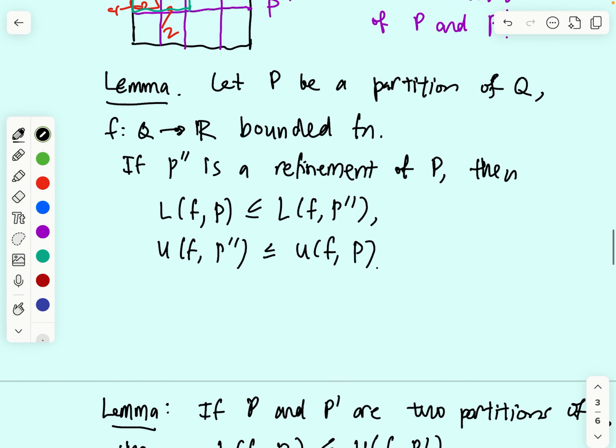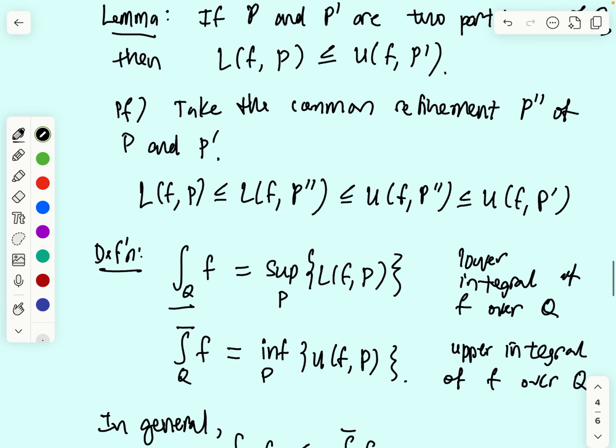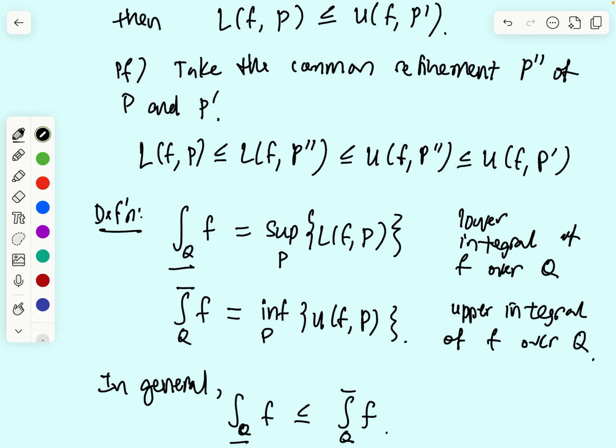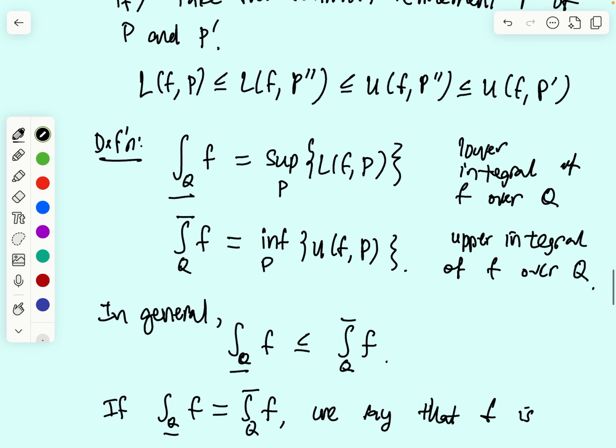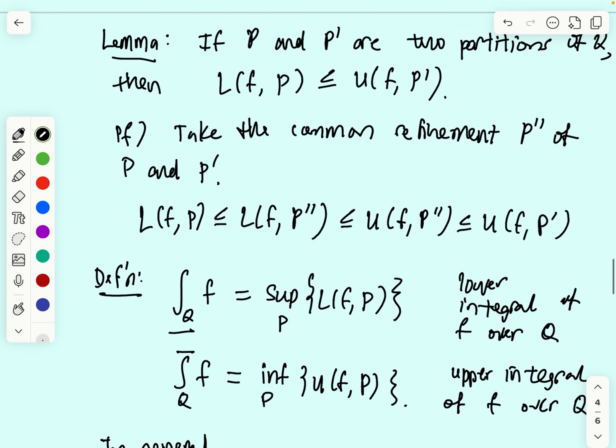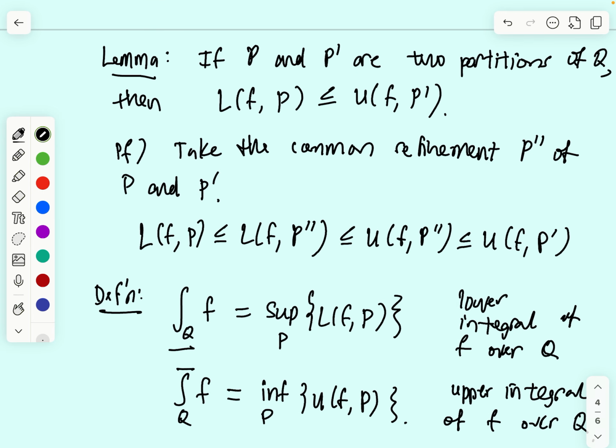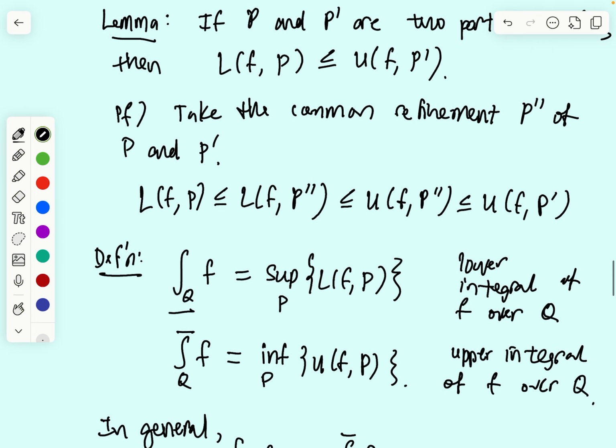Then we talked about common refinements of partitions. We saw that the lower sum is always less than or equal to the upper sum, no matter what your partitions are. If you take one partition and find the lower sum, and then take a totally different partition and take the upper sum, the lower sum of the first partition is going to be less than or equal to the upper sum with the other partition.